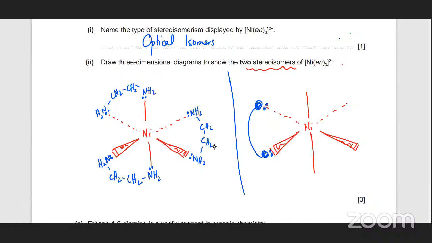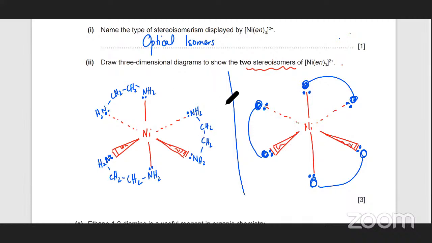You can add in the details later. This is attached over here. So in the mirrored version, the molecule en would be attached over here. And the last one, the mirrored version would be en getting attached over here. Okay, so remember, optical isomerism.